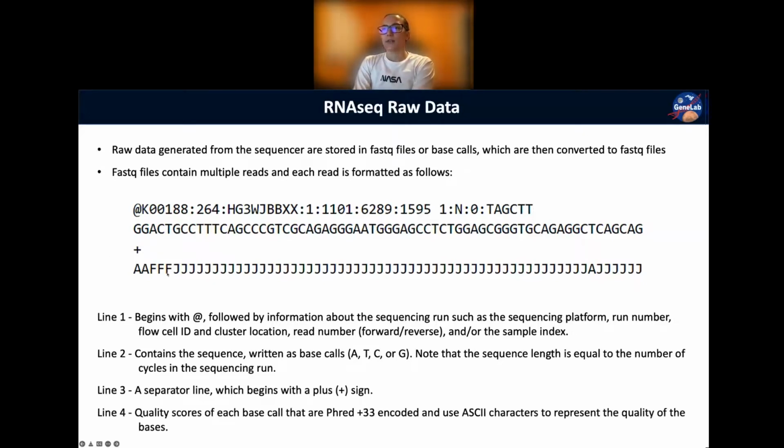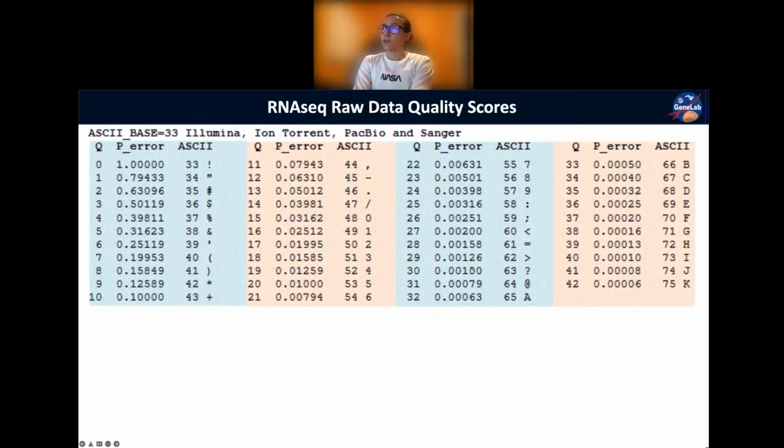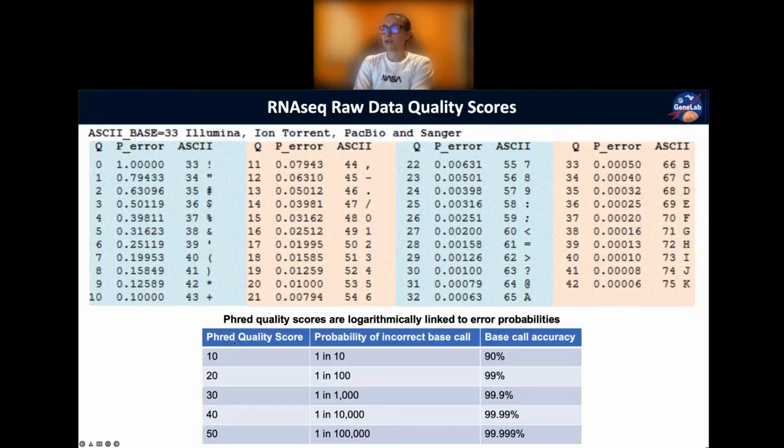Our 4th line is our quality scores of each base, and these are encoded in Phred 33 using ASCII characters. I showed you quickly before we left yesterday what those quality scores equate to. The Q scores are on the left of each one of these columns. In the middle is the error represented by that Q score. And on the right is the ASCII character that corresponds to that Q score.